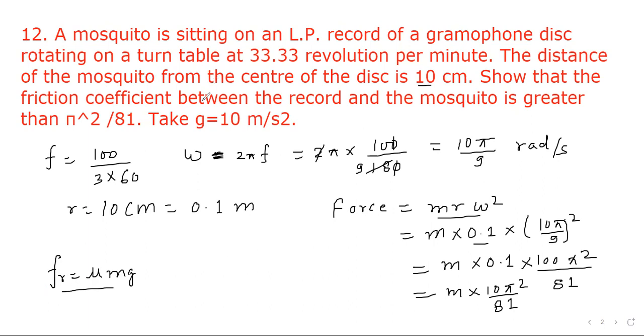So mosquito will remain on the surface only when the two forces are equal. This is limiting condition, though the value of friction must be greater than this force. So we can say for limiting condition, mu mg is equal to this, or mu mg must be greater than m times 10 pi square upon 81.